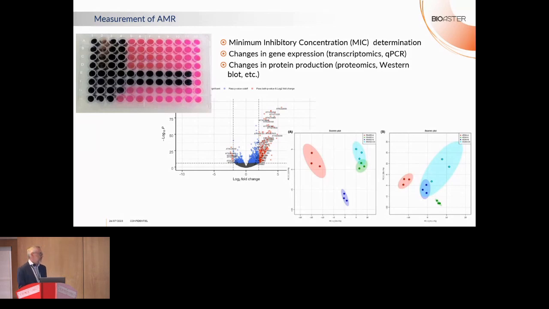We can use more sophisticated techniques looking at changes in gene expression, transcriptomics, qPCR. You can plot volcano plots of genes that are upregulated or downregulated by antibiotic exposure and resistance. You can also look at changes in proteome production, Western blots at the simpler level or proteomics, and then do principal components analysis, look at the differences in the proteins and predict AMR that way.